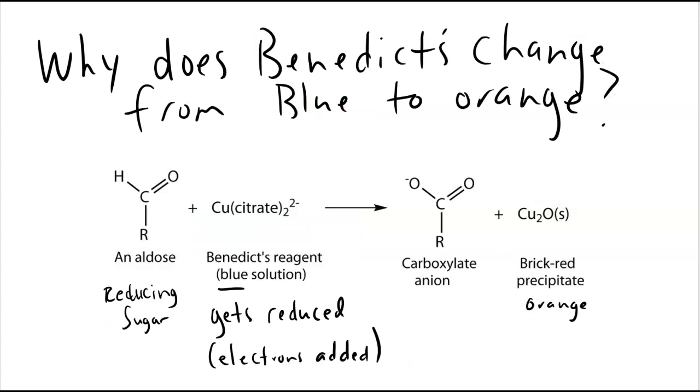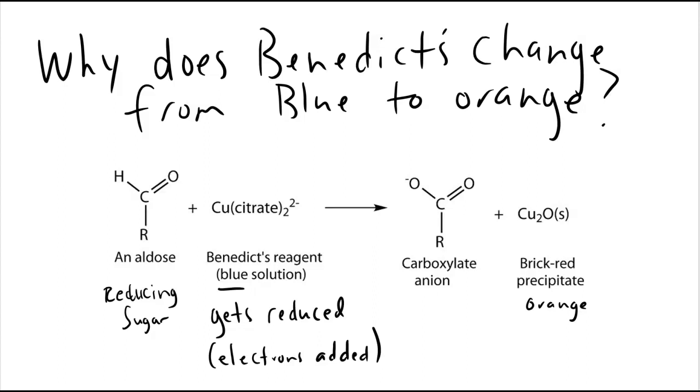So why does Benedict's solution change from blue to orange? You're not going to be held to the details of this, but essentially monosaccharides are reducing sugars. We haven't covered redox reactions yet, but basically what that means is these sugars can transfer electrons to molecules. In the case of Benedict's, it can transfer them to cupric ions, and when it does that, it'll reduce the cupric ion and basically change the color of it.